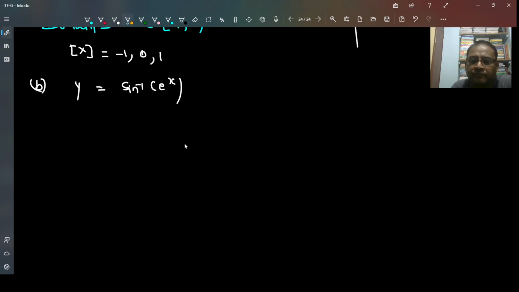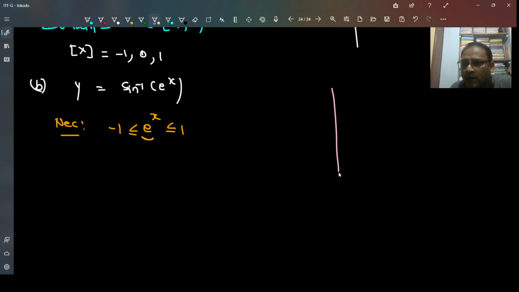Okay, no issue. So first of all, we know that sine inverse x is defined when the input is less than or equal to 1 and greater than or equal to -1. But we know that this function is an exponential function. If you look at the graph of the exponential function, it will look like this. It is always above the x-axis, that means it is positive, and it cuts the y-axis at the point (0, 1) here.